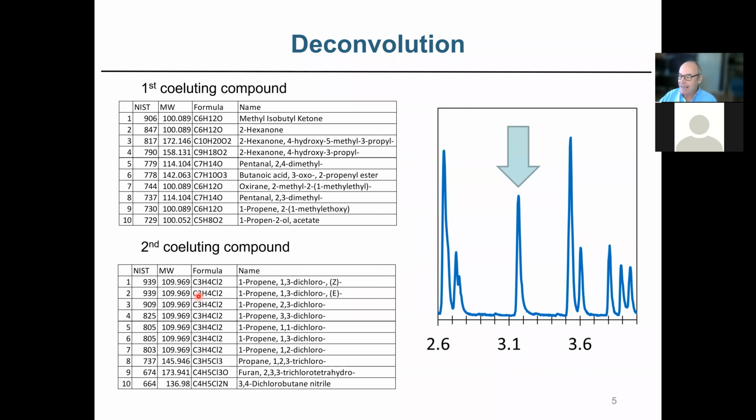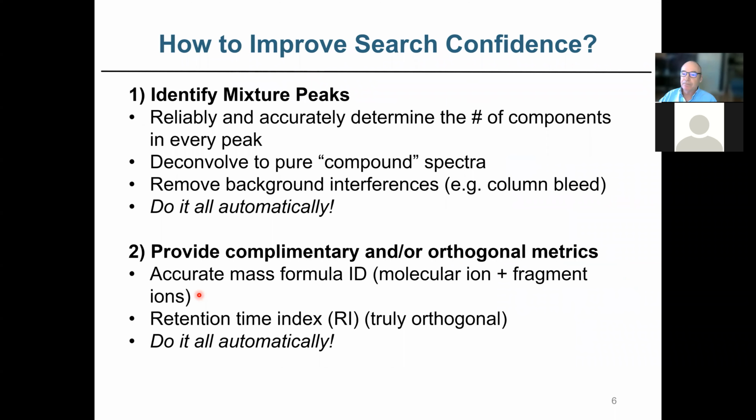So we would like to have a better way to discriminate, because we really can't do that by search alone. So how do we improve the search confidence? Well, as I said, the first thing that we would like to do is identify mixture peaks. We take a slightly different approach to deconvolution at Cerno.